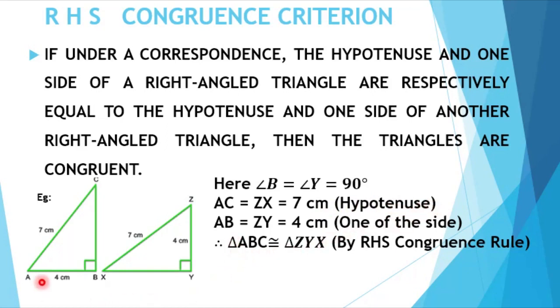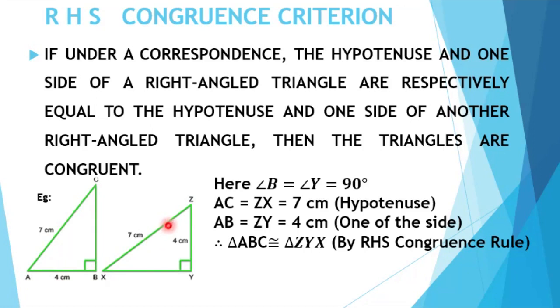Similarly, one of the sides AB equal to ZY equal to 4 centimeter. Here also we are not taking YZ, because to obtain the correct correspondence between the vertices we have to take ZY. Here we are taking AB and A is on the end point of the line segment AC, which is 7 centimeter.